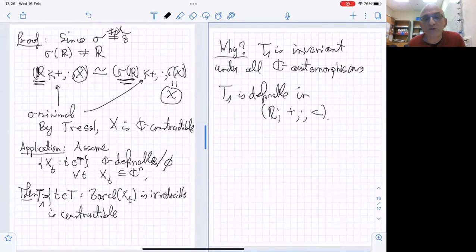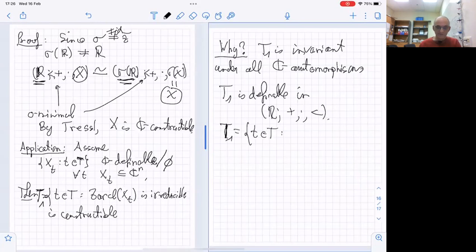Why? Because being irreducible, it turns out, is exactly the same as the smooth points. Maybe we'll get to that when we develop the theory, because T1 can also be written as the set of all t in T such that the regular points of X_t, this manifold, is connected topologically in the usual Euclidean sense.